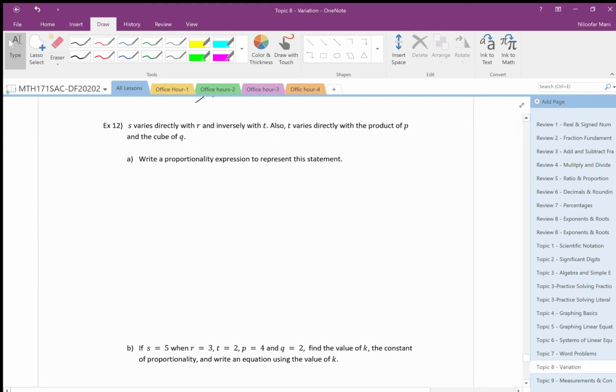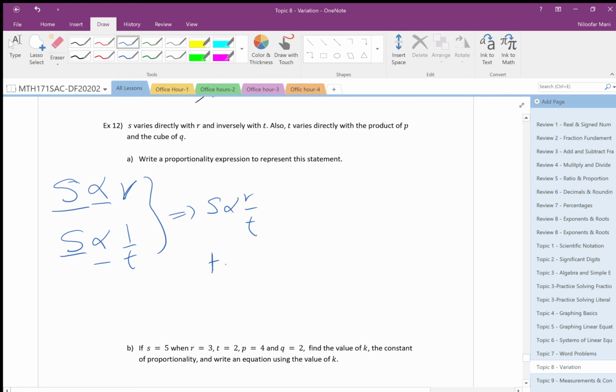The last question is a very good question, very, very good question, and I really want you to follow me and listen. S varies directly with R, and S varies inversely with T. So S varies as R over T. Now T varies directly with the product of P and Q cubed.